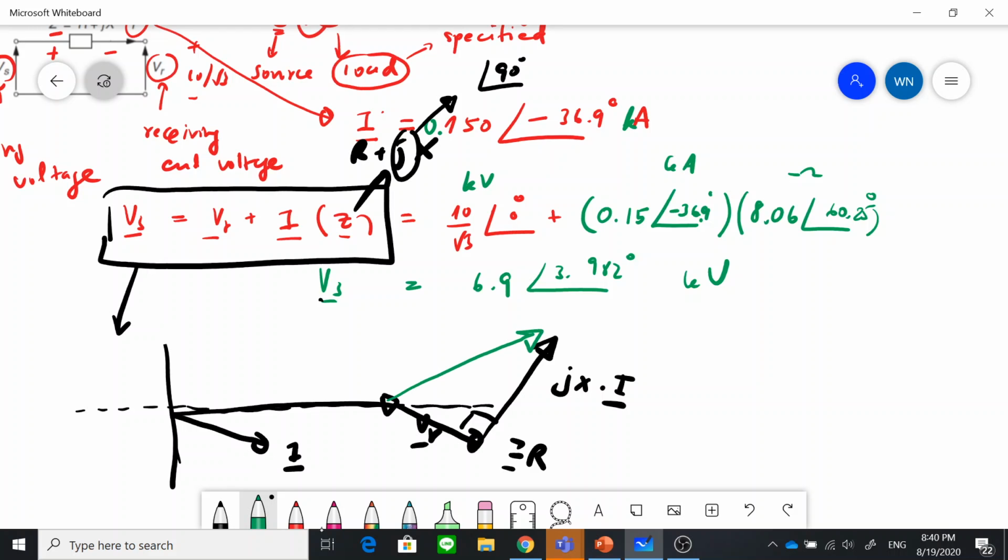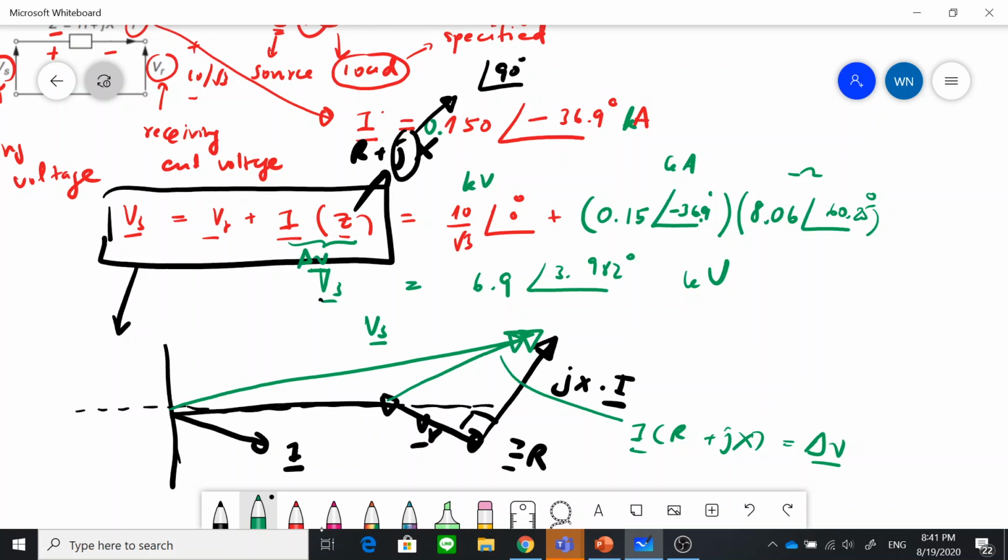So this is the sum of these two: I R plus JX. This is the voltage drop across the transmission line, the delta V. VR plus the delta V is equal to the Vs. This is how you draw what we call the phasor diagram.